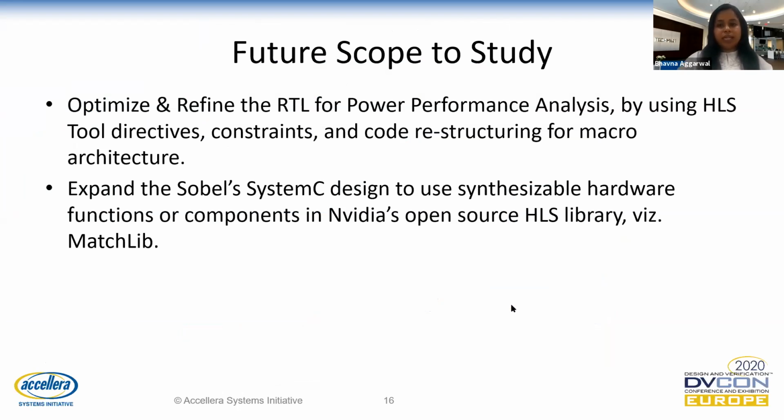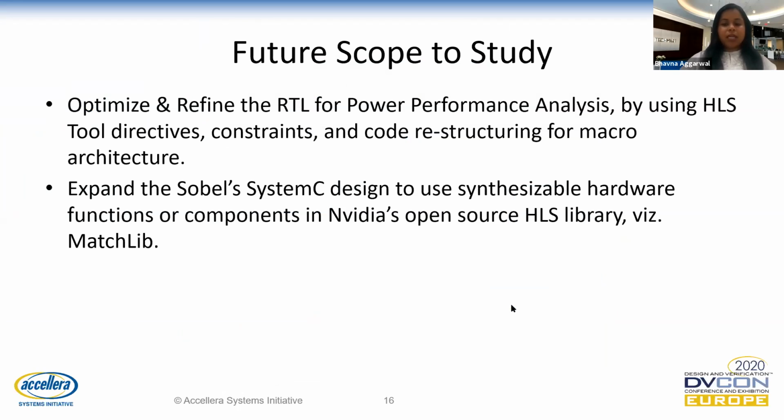Till now, we could generate only functionally correct RTL, which needs to undergo a lot of optimization and refinement for power performance analysis for a target application, which is achievable using HLS tool directives, constraints, and code restructuring for macro architecture.